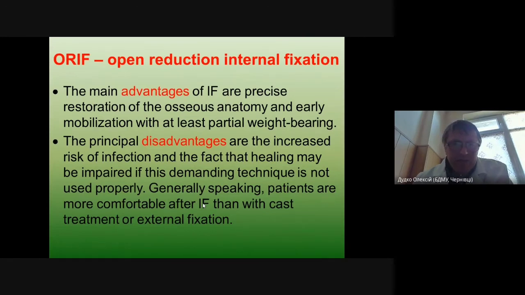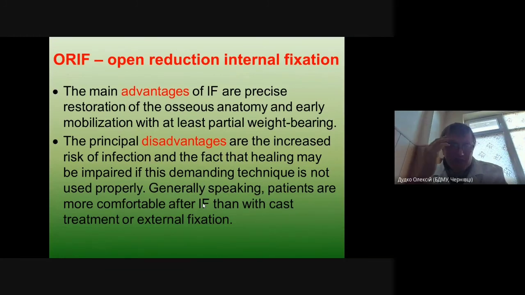So main advantages and disadvantages you should know. Of course, internal fixation can provide better reduction. If it is an articular surface, you can reduce it precisely, and the joint can be movable.